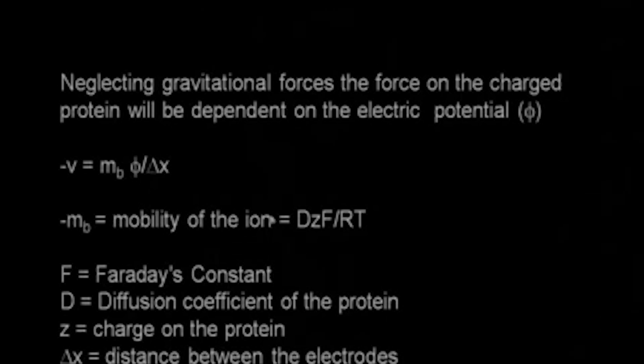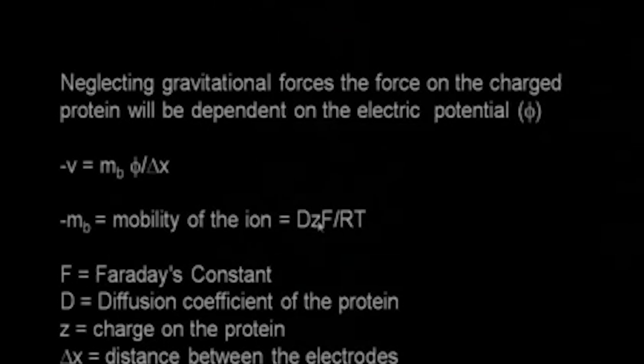Now this mobility is again dependent on several factors: D, the diffusion coefficient; z, the charge on the protein; F, the Faraday constant; R, the universal gas constant; and T, the temperature. So you can see the mobility is a function of the diffusion coefficient and of the charge.